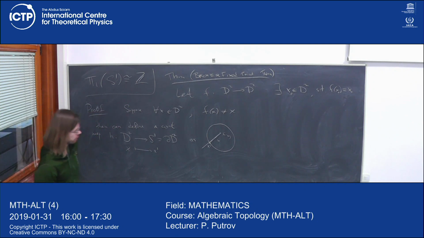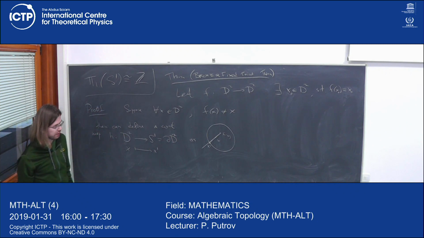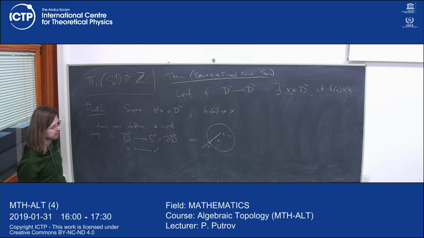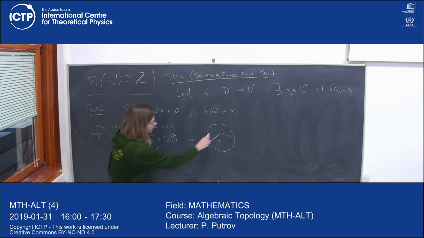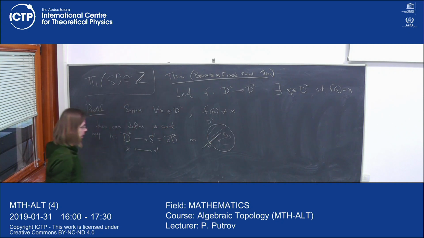I'm not going to write it explicitly, but from the picture it's geometrically clear that such a map is well defined. And moreover, it's easy to show that it's continuous, because any small perturbation of x will result in a small perturbation of x prime on the boundary.